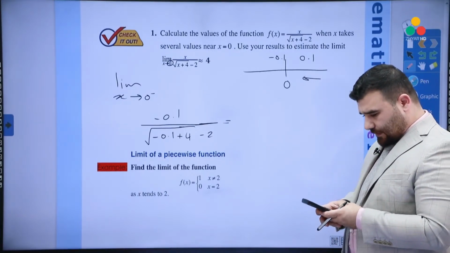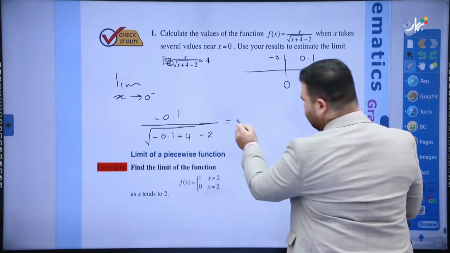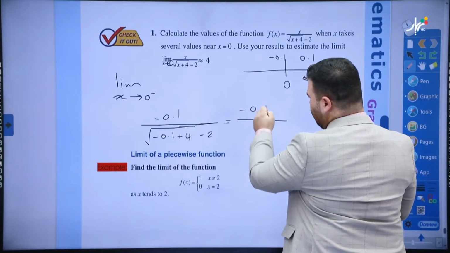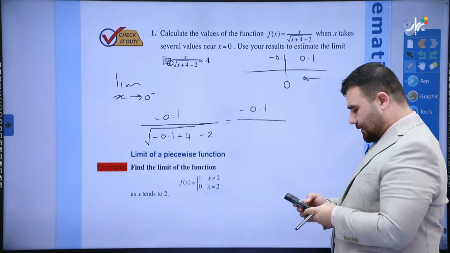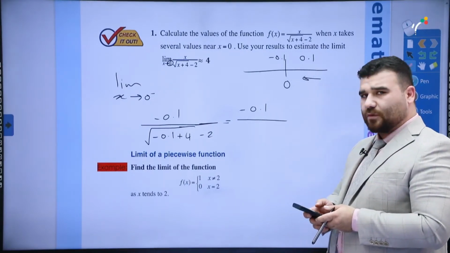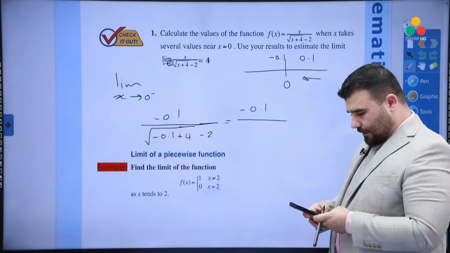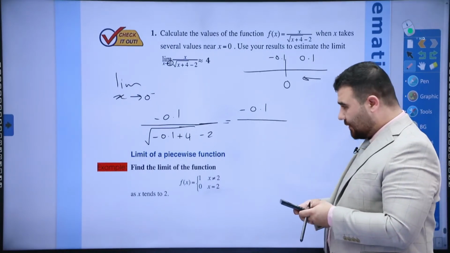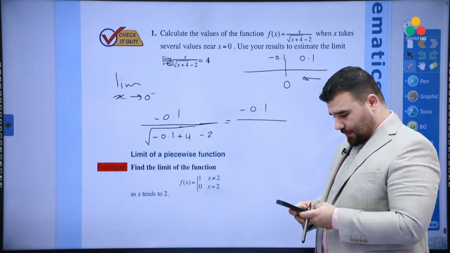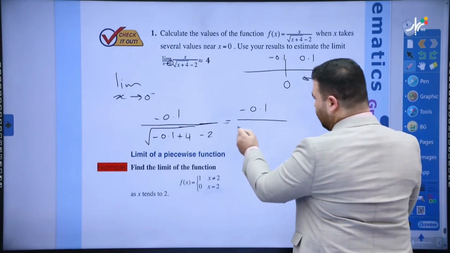Negative 0.1 divided by... calculating this side, the square root: negative 0.1 plus 4 is 3.9, 3.9 under the square root is 1.97, and 1.97 minus 2 is negative 0.025.